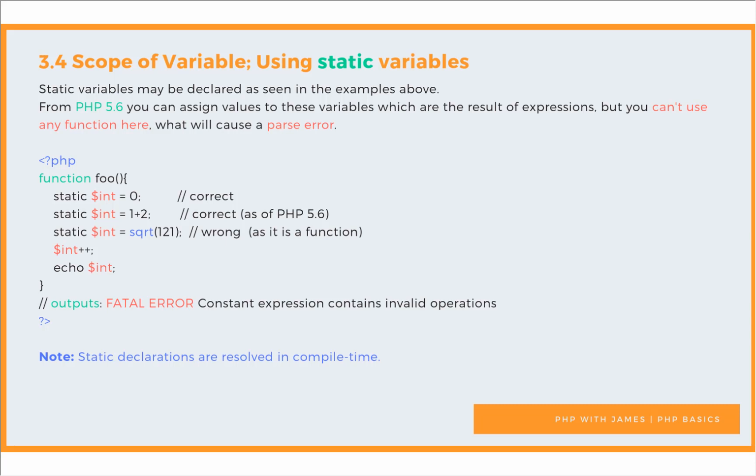But on the third line, we are using static $int = sqrt(1), where sqrt is the function in PHP for taking the square root of a value. Here we are passing 1, so it's wrong as it is a function. On the fourth line we have $int++; echo $int. So this will output a fatal error: constant expression contains invalid operations. These are constant expressions, but we can't use a function there. So note, static declarations are resolved at compile time.